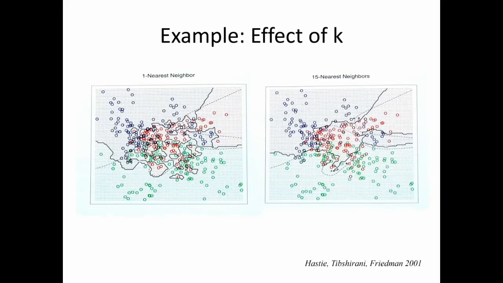And here's an example. We have 3 classes, blue, red, and green. And we're looking at the difference between 1NN versus 15NN. The lines represent class boundaries. So any new example mapped here would be classified as blue. Anything mapped here would be classified as red, and so on. And we can see that there are small regions of blue within the red zone.